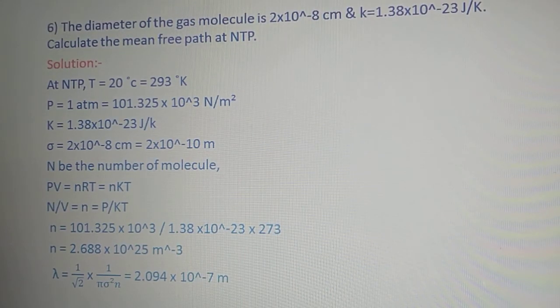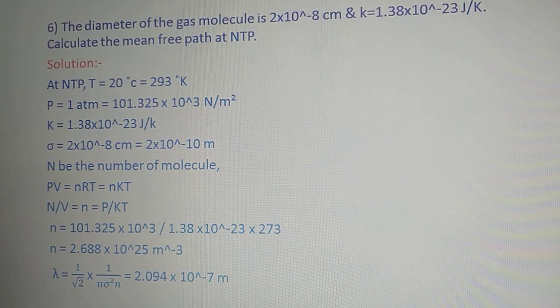Now let's go for the last problem. The diameter of the gas molecule is 2 into 10 to the power minus 8 centimeter, and the Boltzmann constant value is given, 1.38 into 10 to the power minus 23 joule per Kelvin. Calculate the mean free path at NTP, normal temperature pressure. What is NTP?